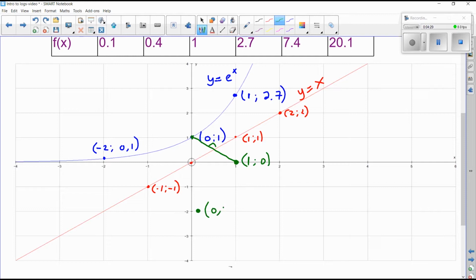Similarly, for the third point I noted, when x is 1, y is 2,7, and I reflect it about the line y equals x, x is going to be 2,7 and y is going to be 1. This is where the image of that point lies.